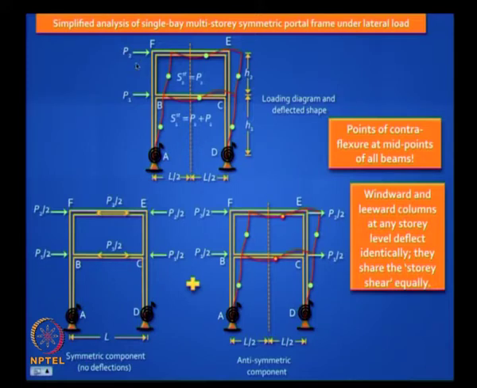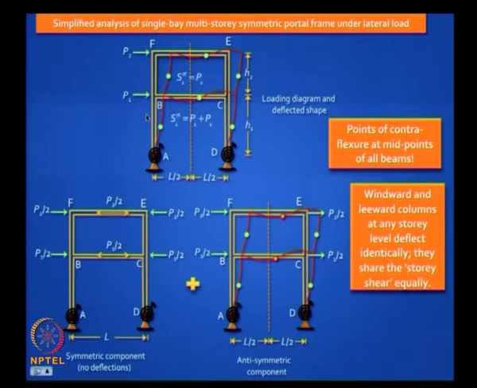So if your load here is P2, the story shear in the second story is P2. Now if I cut a section at the lower story, the upper story is part of that section. What is my story shear? It will be P1 plus P2.